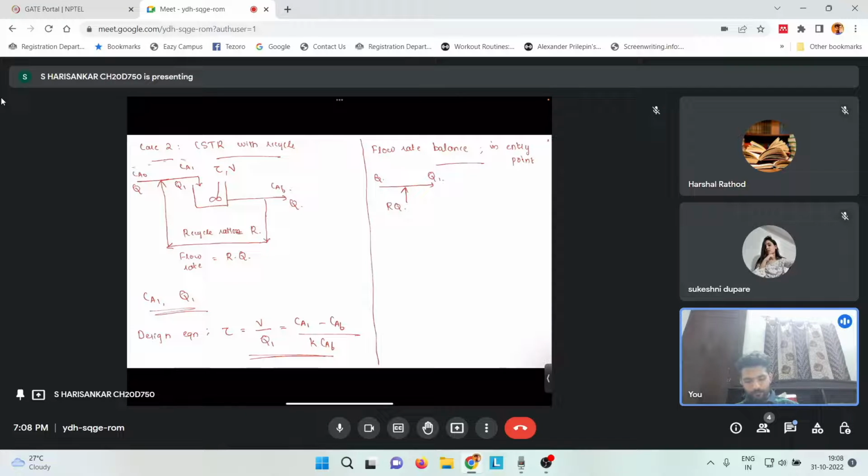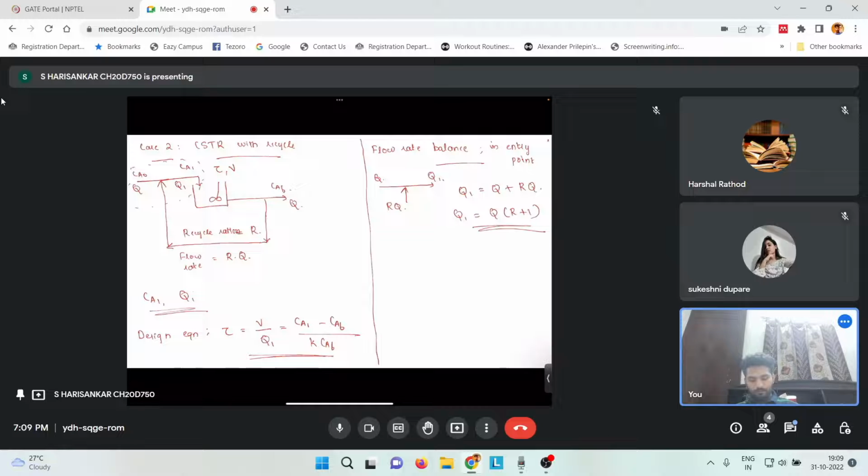So we are talking about this entry point. If we write the balance, Q1 will be equal to Q plus RQ, right? Or basically Q1 is equal to Q into R plus 1. So out of these two unknowns, now we found out Q1 in terms of our initial flow rate Q.